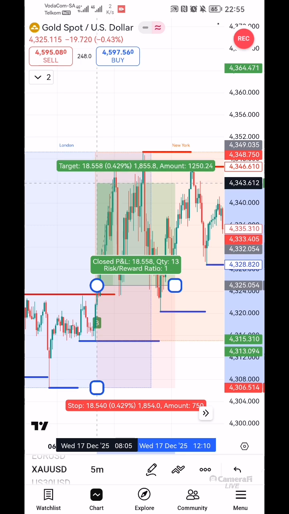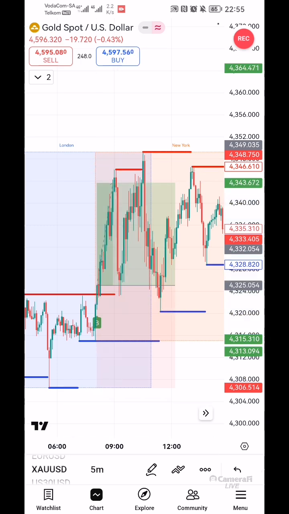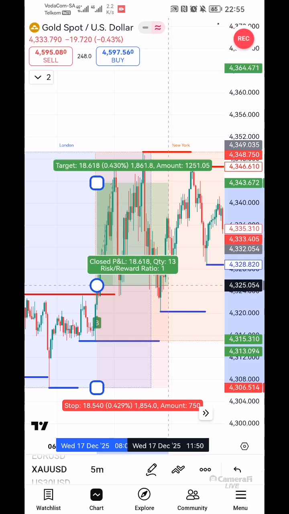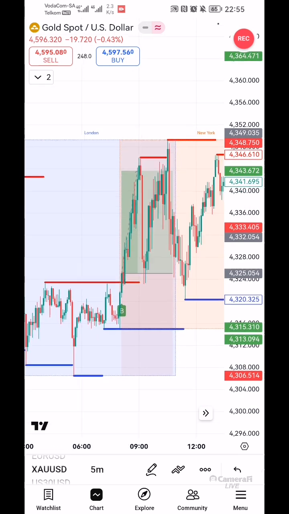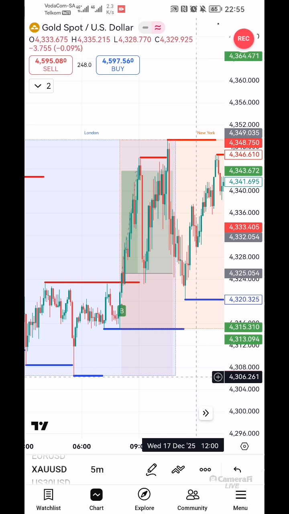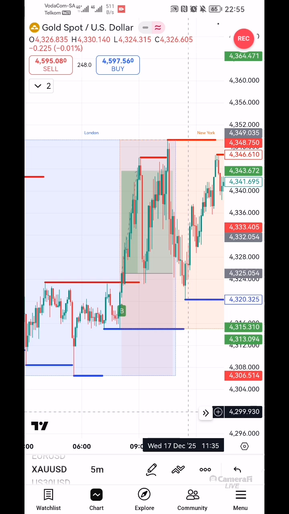Don't force it, guys. I always take my 1-to-1s and it works very well. Now my other rule is on the stop loss, I like to keep my stop loss a little bit below the support.